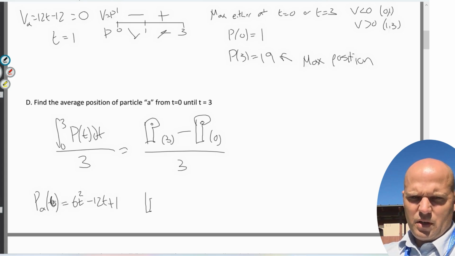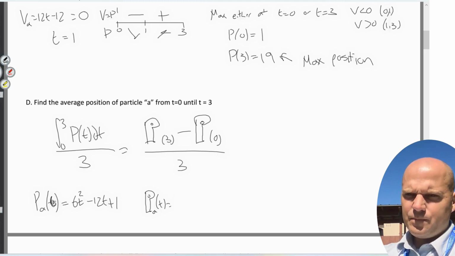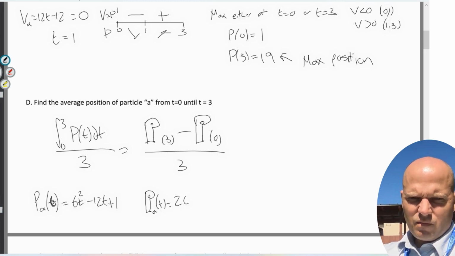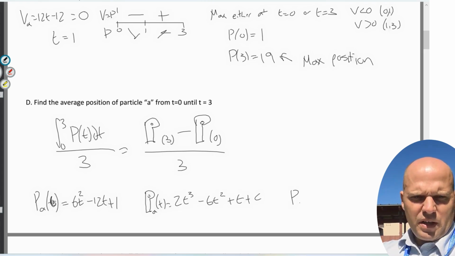Which means P_A of t is 2t cubed minus 6t squared plus t plus c. P_A at 3 would be 2 times 3 cubed minus 6 times 3 squared plus 3 plus c.